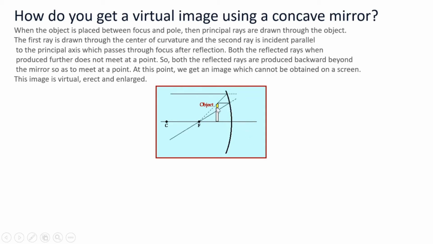And enlarged: the object is smaller but the image formed is bigger than the object. This is called erect and enlarged. A virtual image is formed when we use a concave mirror and place an object between F and P, that is focus and pole.